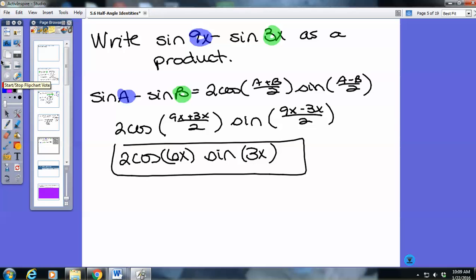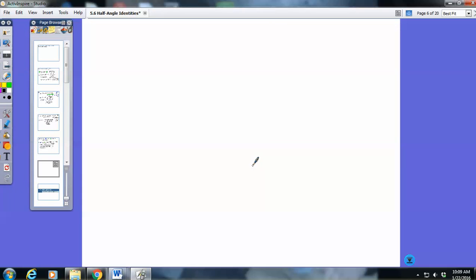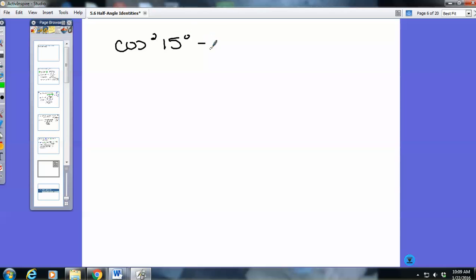Really the only other thing we've done in this is a lot of kind of like our bell work. I give you something and I ask you to rewrite it using a single trig function or to find the value. So if I said like, I want you to find the value of cosine squared 15 degrees minus sine squared 15 degrees. What are you going to do on this? Yeah, you're going backwards. You have to find an identity that looks like that.